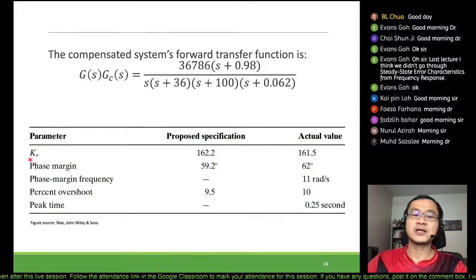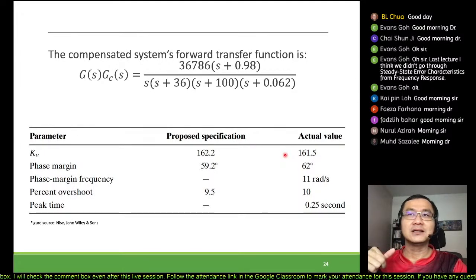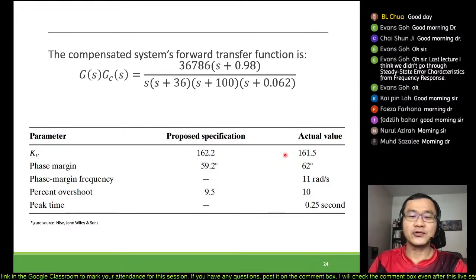Eventually you get the Kv value of 161.5 instead of 162.2, which is very close. If you can accept that, then that would be good. Meaning to say it's already near 10 times your original 16.2.